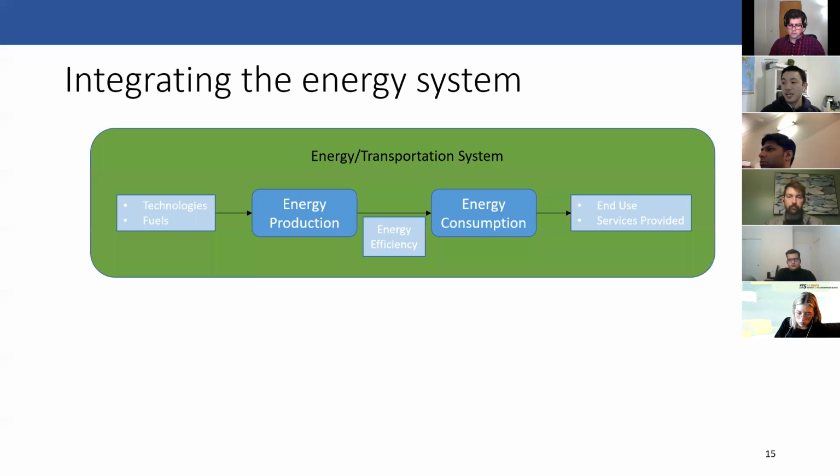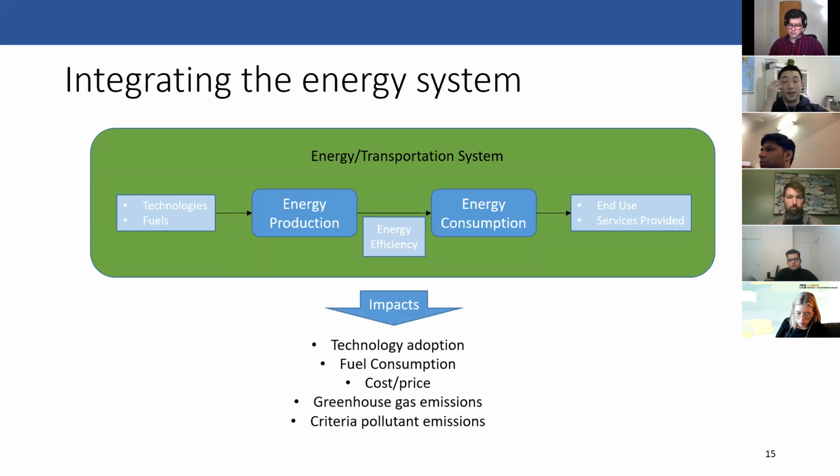Okay, and so all of this comes together and results in some of those impacts that we're interested in. The whole point of putting this modeling system together is to focus on these specific impacts and other impacts that aren't included in this list.